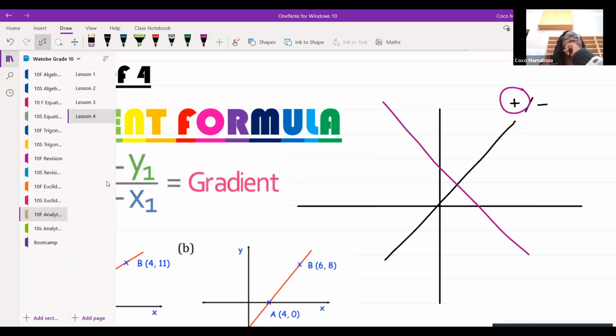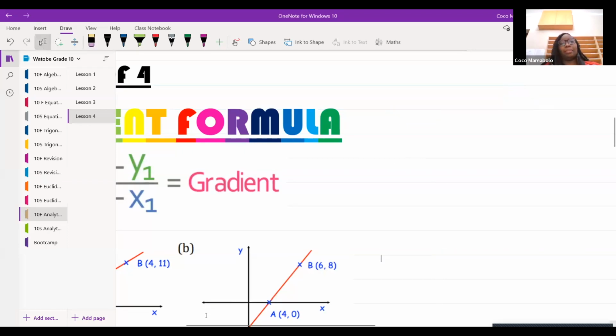Negative. Kama says negative. Good, negative. Excellent. Now, when I look at the way that my graph is slanted, I know that when I calculate the gradient, if it's going up in that direction, it must be positive, and if it's coming down, it must be negative. Now we're going to use that exact same idea here.